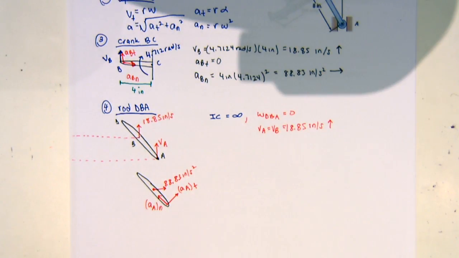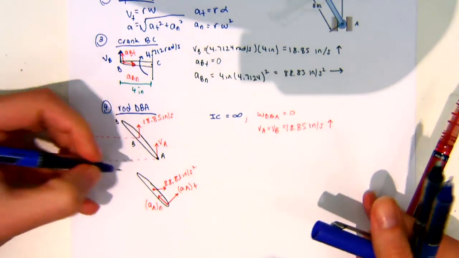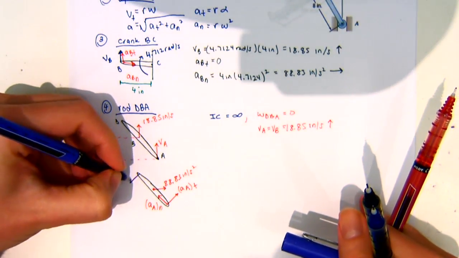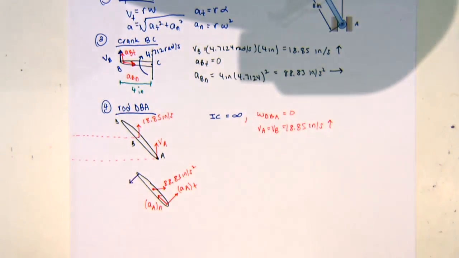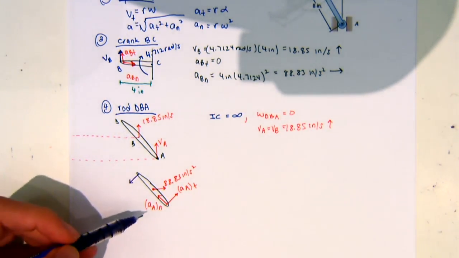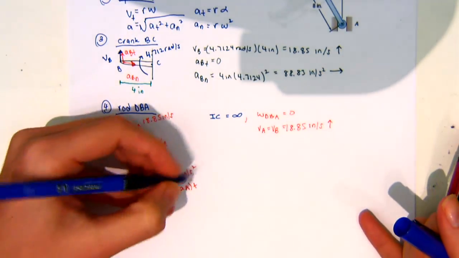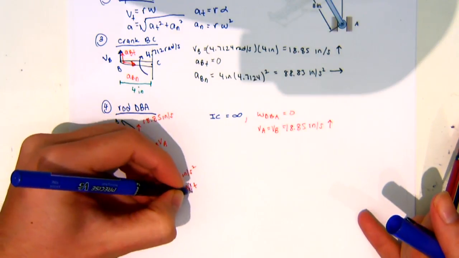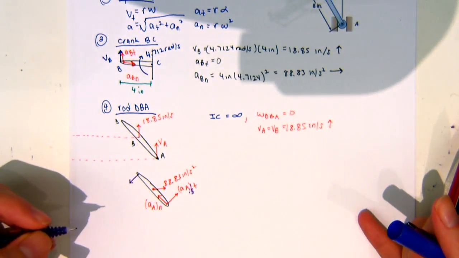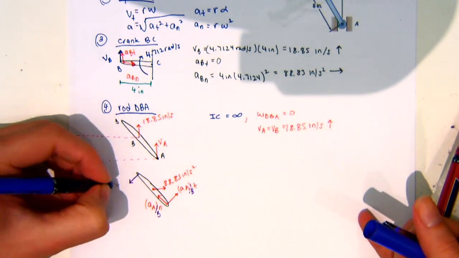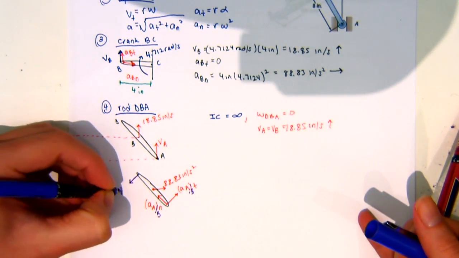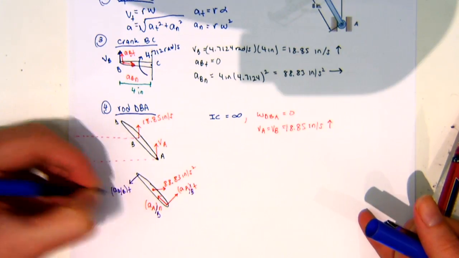And then, we are asked for acceleration of point D, so I'm going to go ahead and draw that on here too. So for D, I labeled these differently than I did before, but instead of this being acceleration of A, this should be acceleration of A relative to B. Sorry, this is relative to B. And then this one here, this is acceleration of D relative to B, and that's tangential.